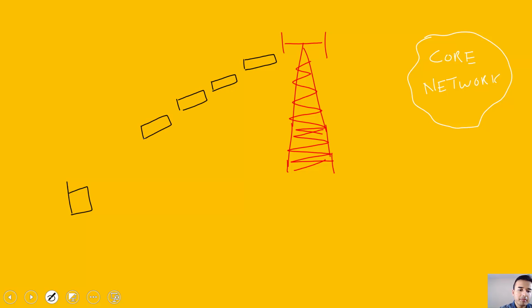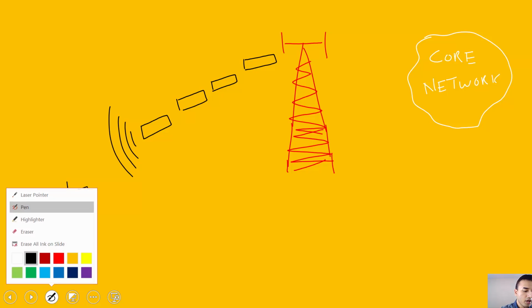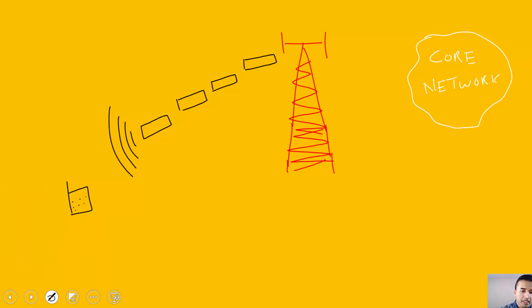So how will the UE know if it is being paged or not? Whenever it wakes up, it is going to read these radio frames. By the concept of a radio frame, each radio frame has different subframes. So let's say this is subframe 0, this is subframe 1, all the way up to subframe 9, meaning a total of 10 subframes.